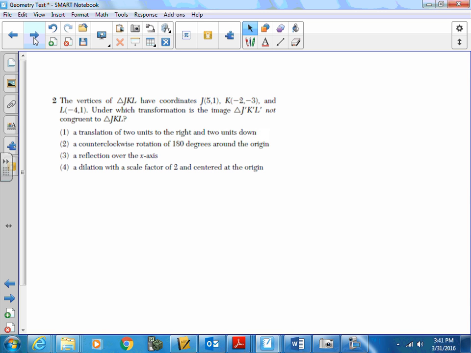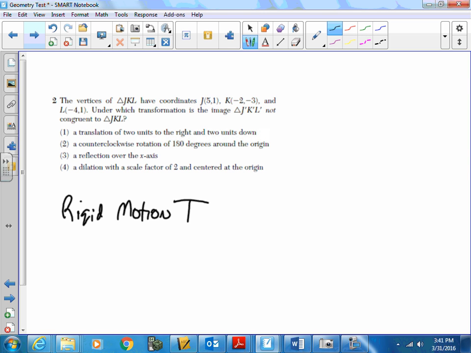Well, if you remember back to transformations, we talked about a couple different types of transformations. Let's go back to our rigid motion transformations.